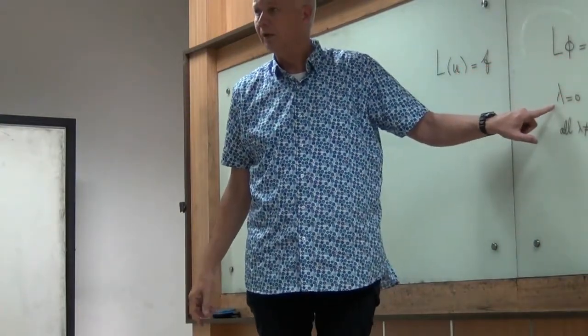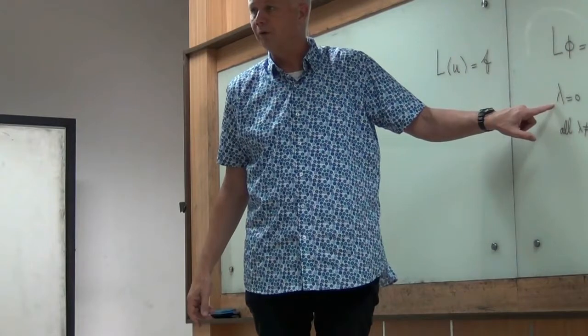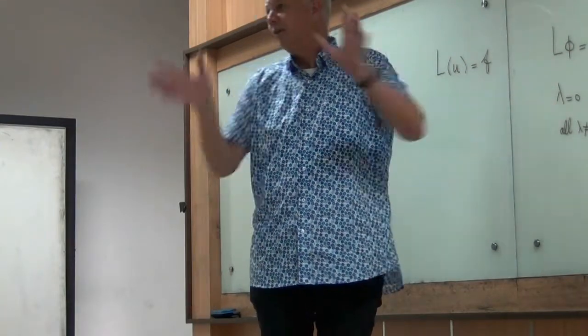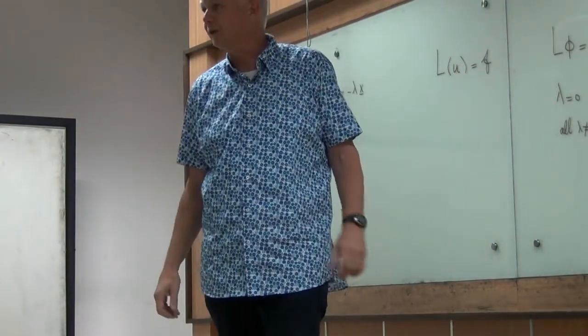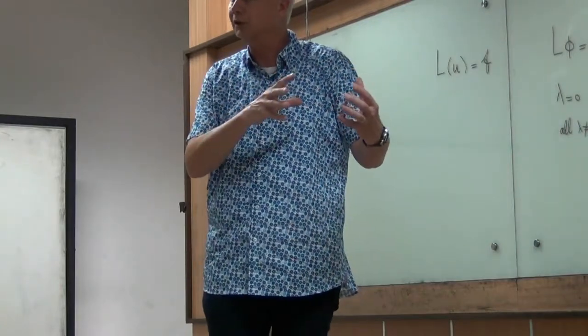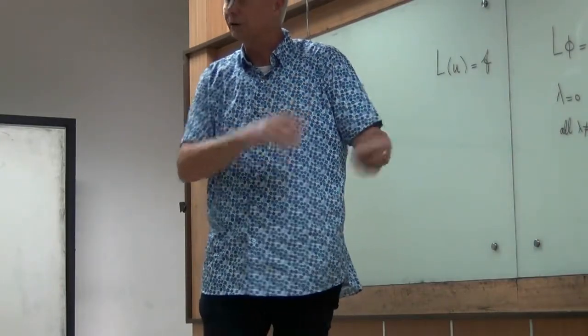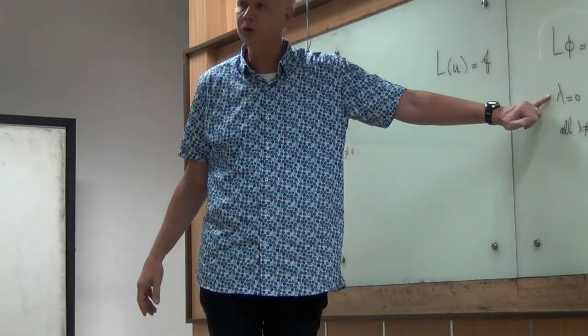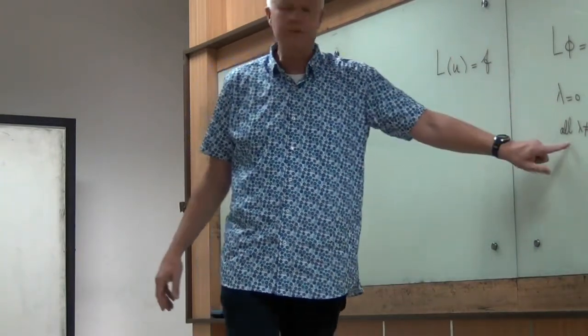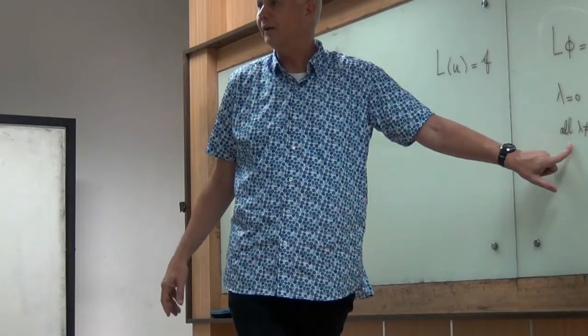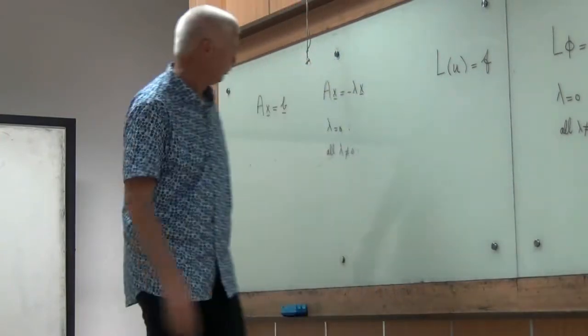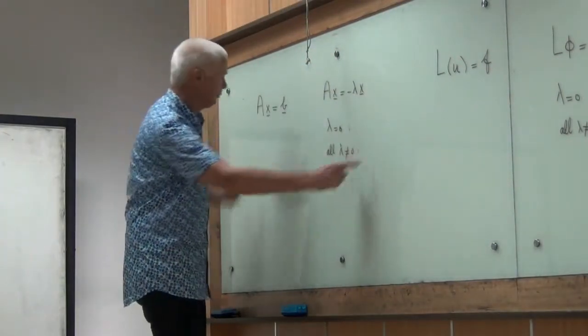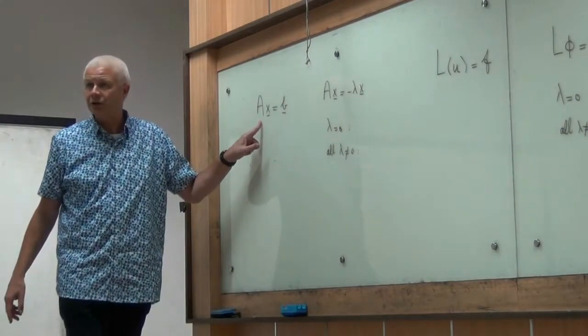If lambda is 0, the problem was only solvable if an inner product was equal to 0. If that inner product was not equal to 0, we had no solution. Otherwise we had infinitely many solutions or none. If all the lambdas are non-zero, we have a unique solution, here as well.